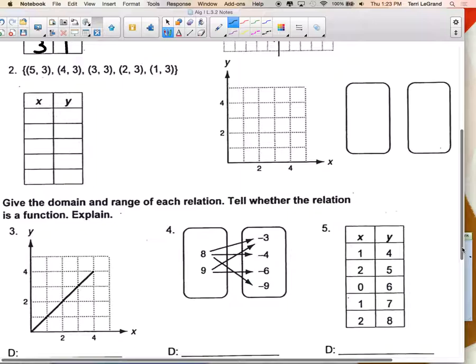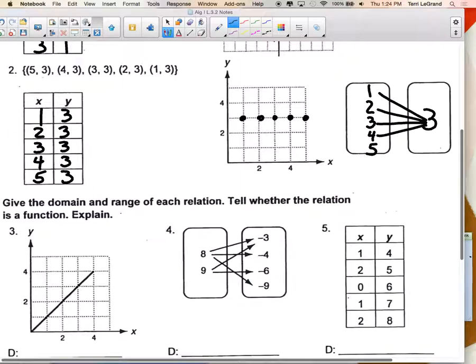You got it. How do you feel about this one? Is this one a function?